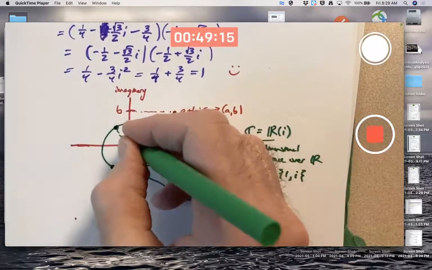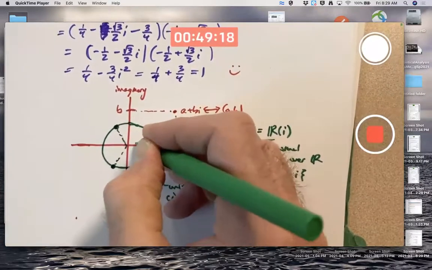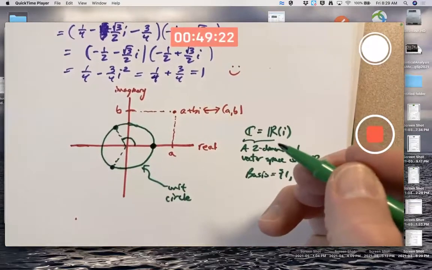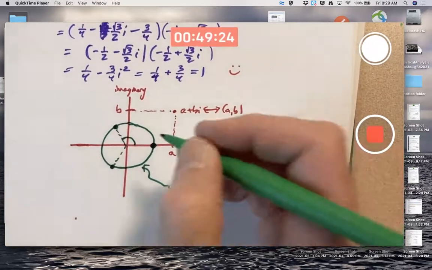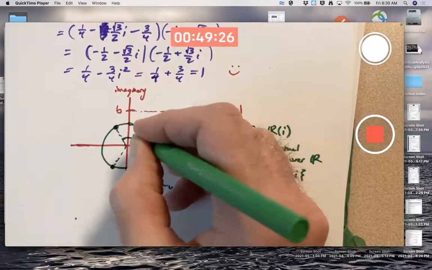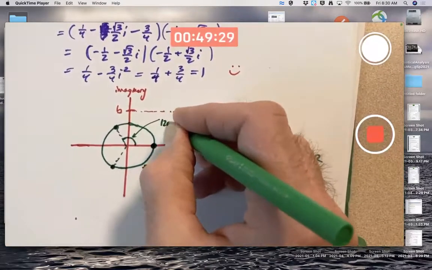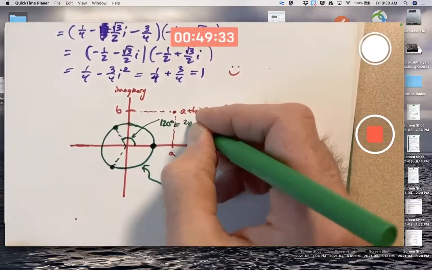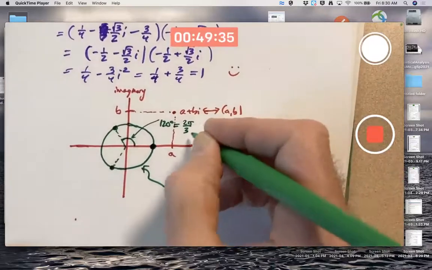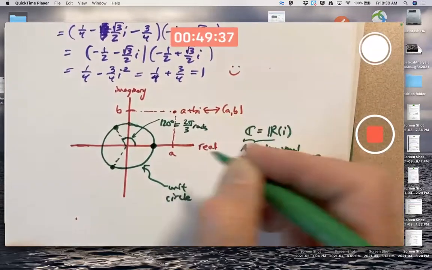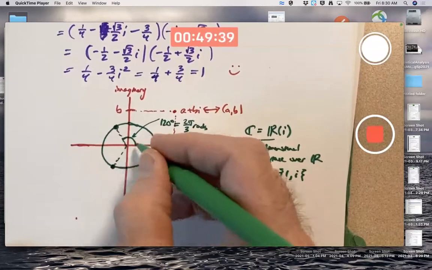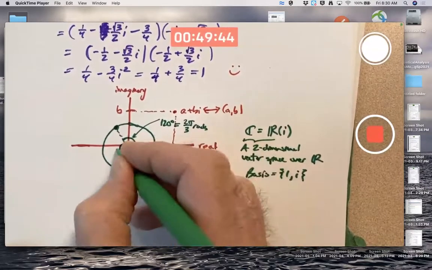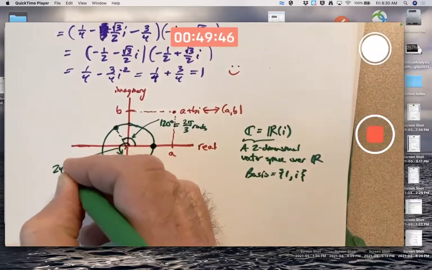And in fact, this angle right there is, as I hope you would guess, 120 degrees, which in radians would be 2 pi over 3. And this one would be negative 120 degrees, or if I was after a positive angle, this would be positive 240 degrees.